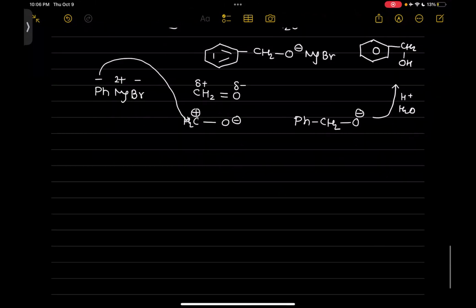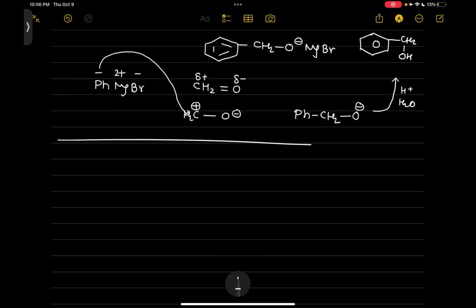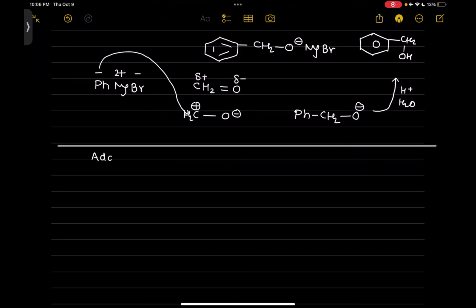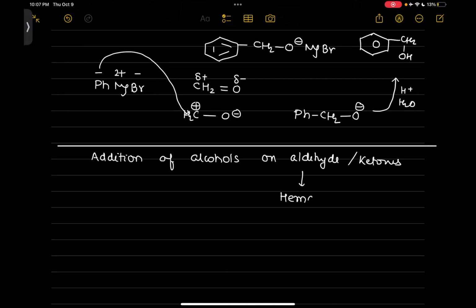Addition of alcohols on aldehydes and ketones. If alcohols are added to aldehydes, you end up with hemiacetals and acetals.